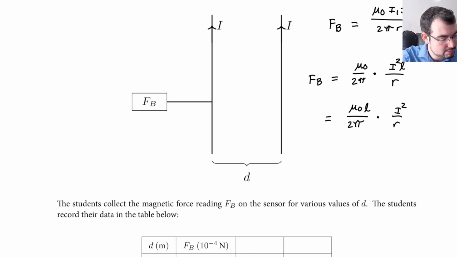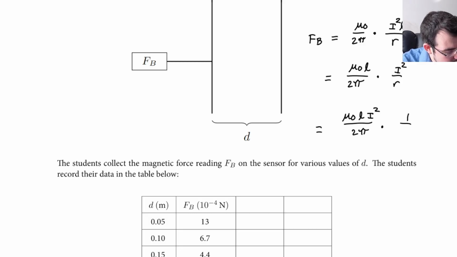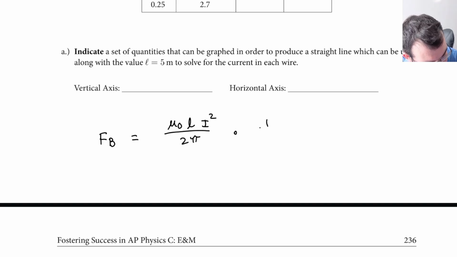Now we don't know I, but it is a constant, so we can also lump that in. So we can get FB is equal to mu naught L times I squared divided by 2 pi times 1 over R. So this actually tells us how to linearize, because we now have a formula that says the magnetic force between the two wires is mu naught times L times I squared divided by 2 pi times 1 over R. So we can shove magnetic force into its box, and we can shove 1 over R into its box.